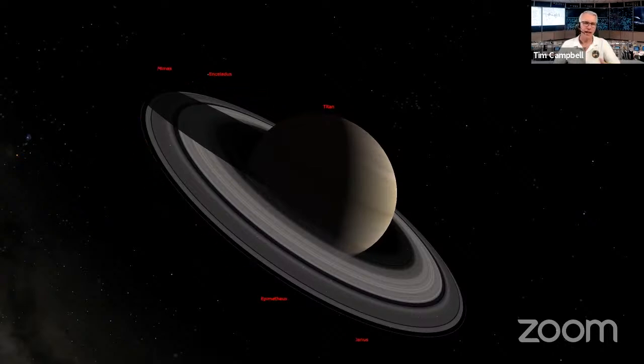The moon that is slightly closer to Saturn will go around ever so slightly faster. It takes about 4 years for this to happen, and it will catch up with the moon that's in the higher orbit. When they get close enough, their gravity interacts.